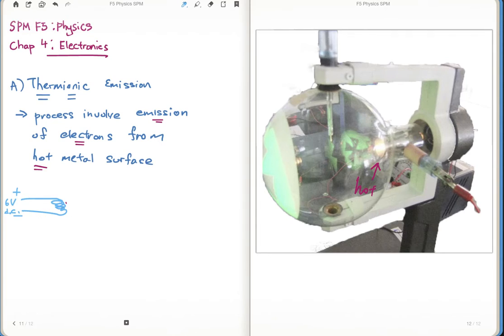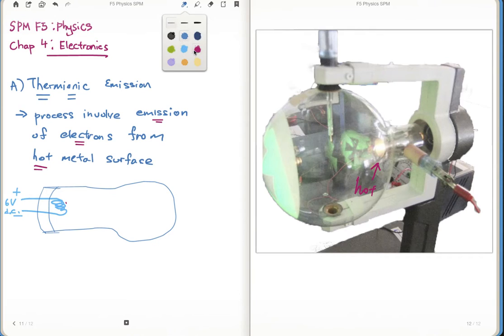Then this filament is enclosed inside a chamber, a vacuum chamber. It's a vacuum so that there's no air, so that you're able to see the electron when it's accelerated and bombards the fluorescent screen. You can't see the electron, but you can see the effect where the electron collides with the coating.